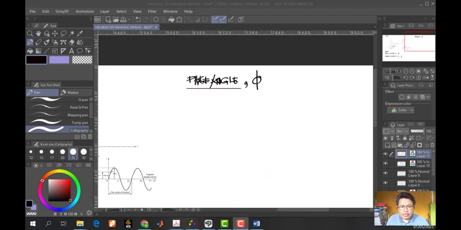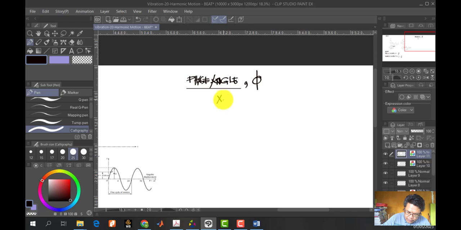Now for the phase angle, it is denoted with the symbol phi. For example, take two vibratory motions with a phase angle.